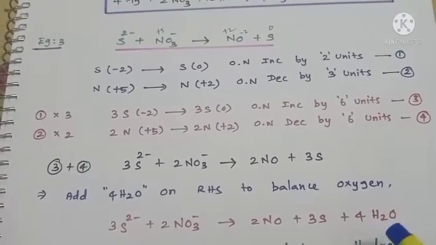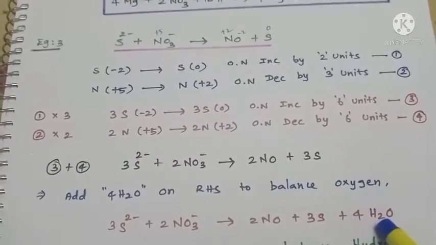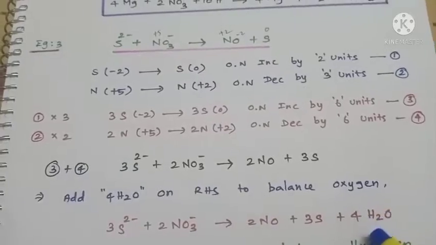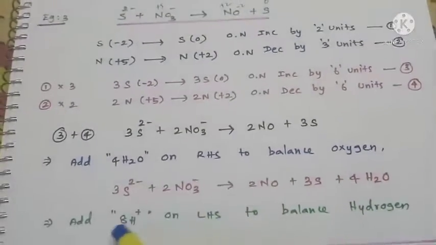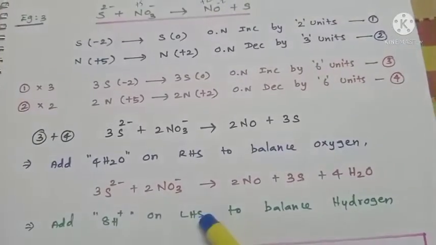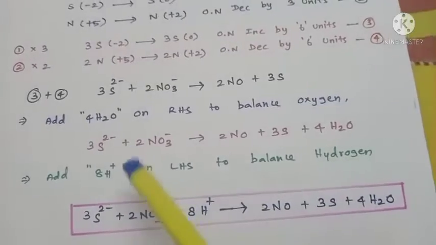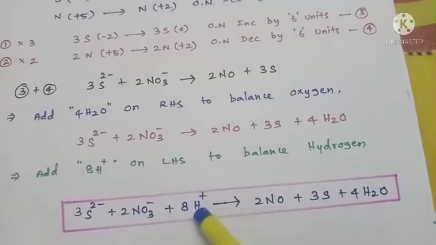When you introduce H2O on the right hand side, now you are getting hydrogen: 4 into 2, 8 hydrogens, but on the left side there is no hydrogen at all. To balance hydrogen, we have to add 8H plus on the left hand side. So now the final equation becomes 3S2 minus, 2NO3 minus, plus 8H plus.